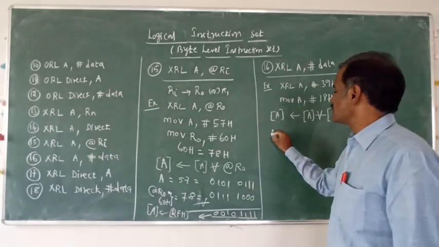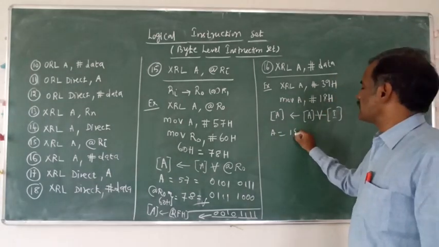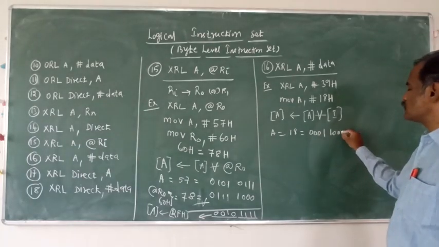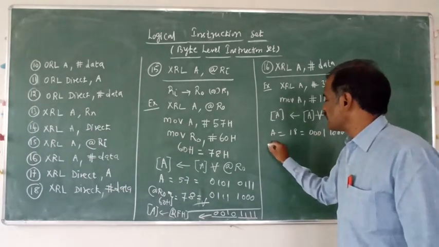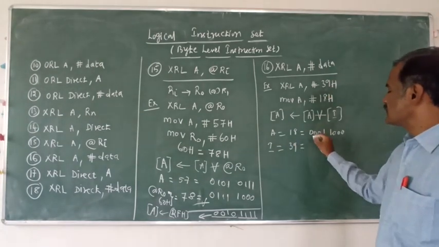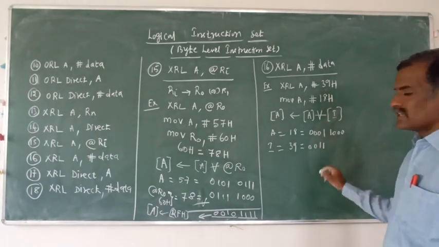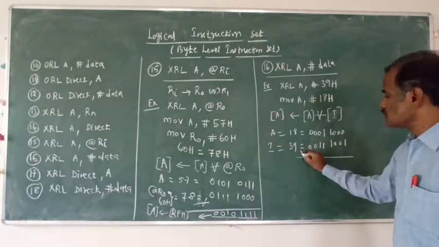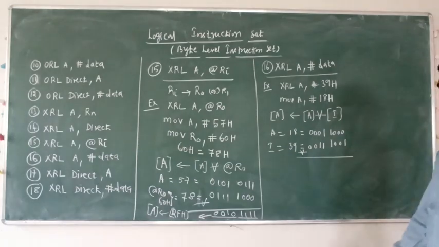Register A is 18, which is 0001 1000, and the immediate data 39H is 0011 1001. Now exclusive-OR these two data.